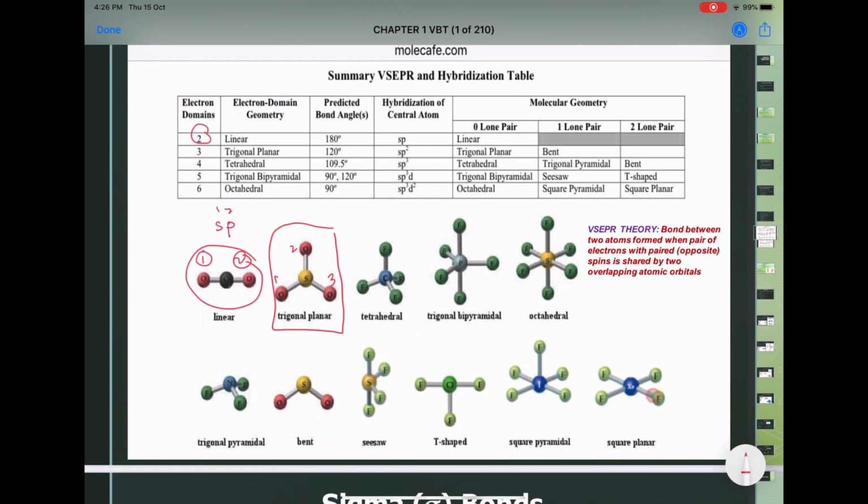VSEPR theory is a bond between 2 atoms formed when a pair of electrons with opposite spins is shared by 2 overlapping atomic orbitals.